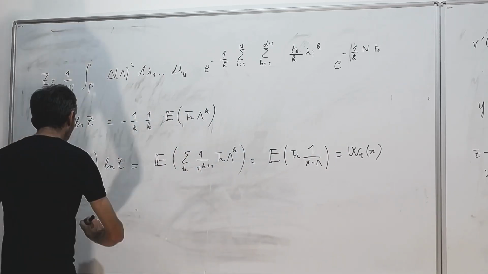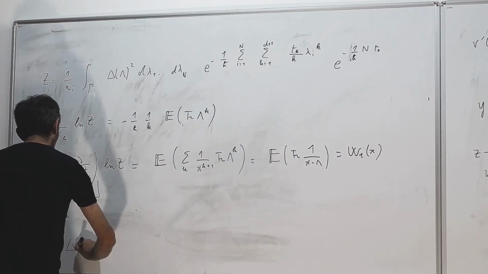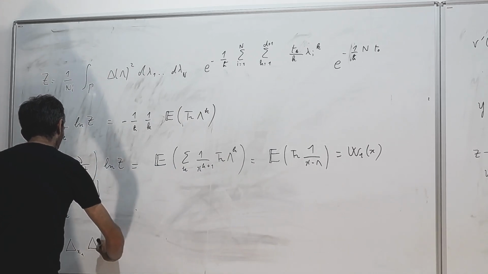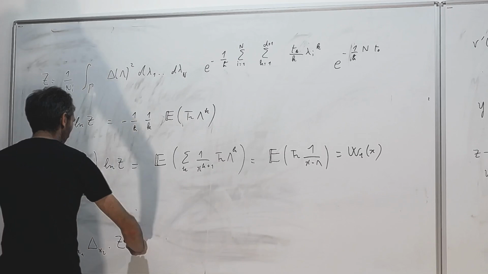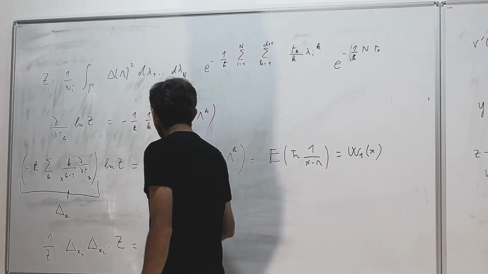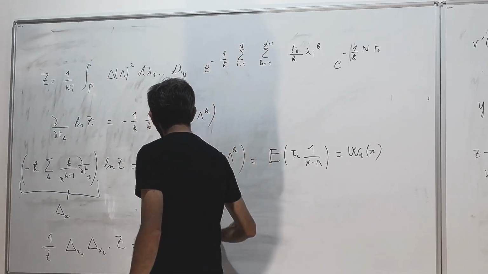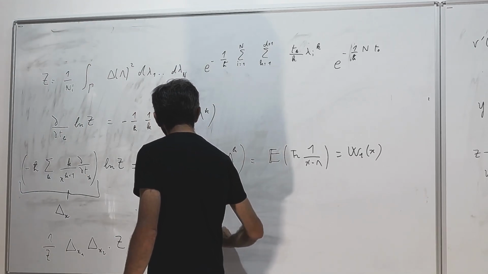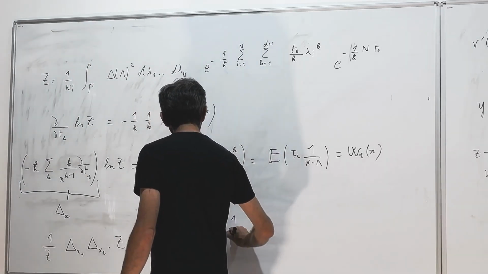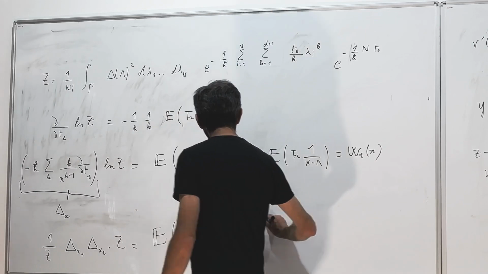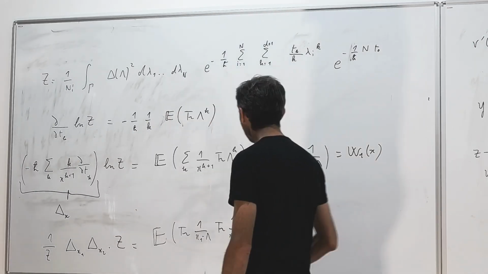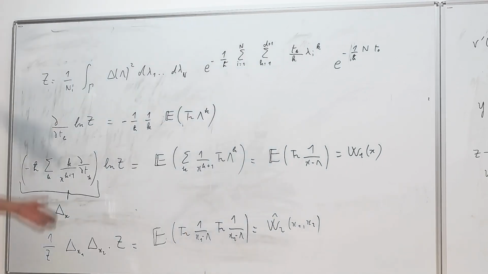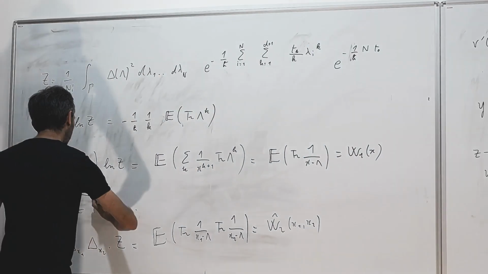So if I write delta x1, delta x2 acting on Z and divide by Z, I will get the expectation value of trace of 1 over x1 minus lambda, trace of 1 over x2 minus lambda, which is the function I call W2 hat of x1, x2. And so on, I can repeat that.